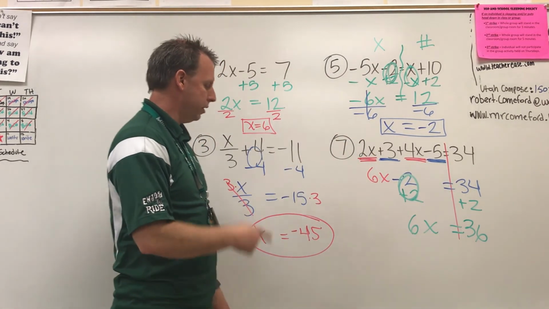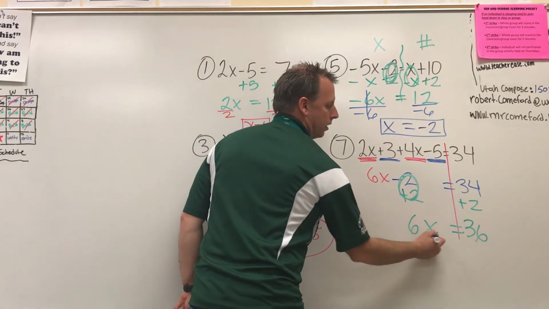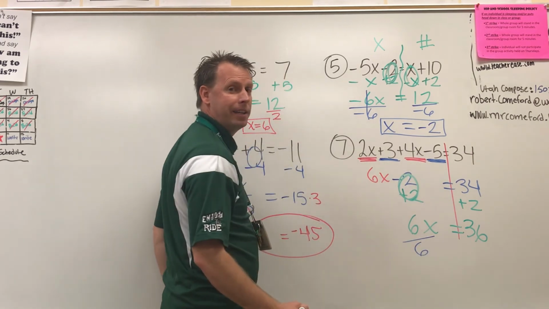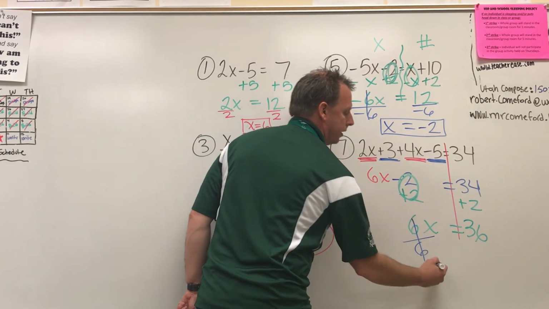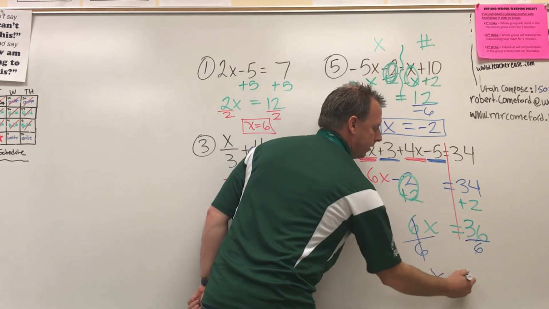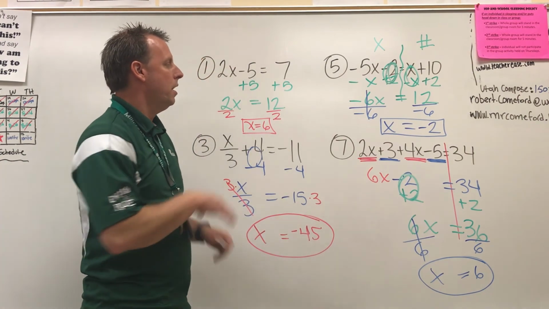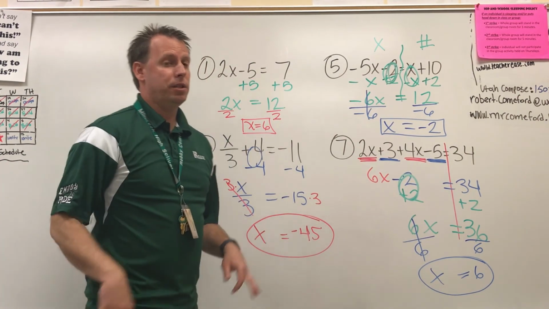Final step, number next to a letter means times. Opposite of times is to divide. 6 divided by 6, 1. Whatever I do to one side, do to the other. Final answer.